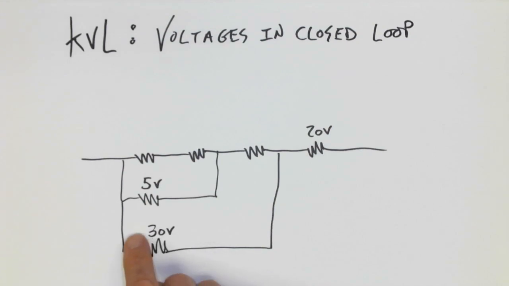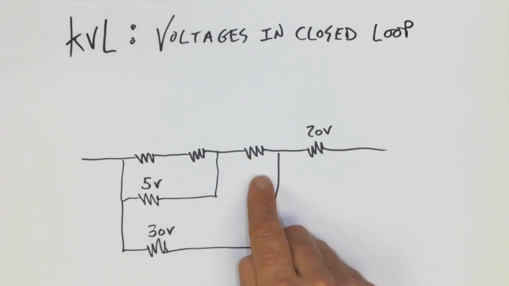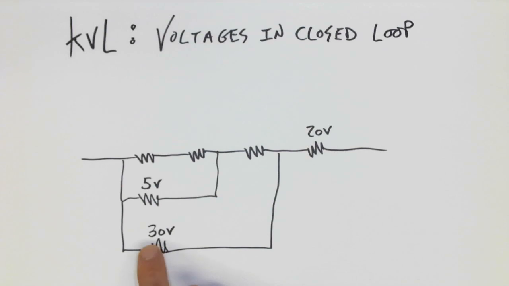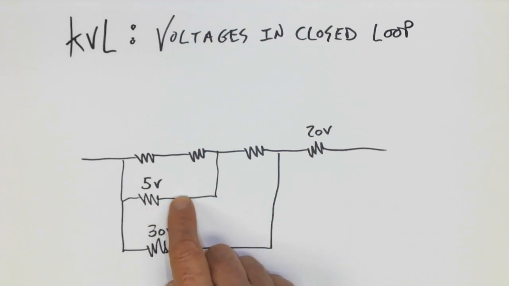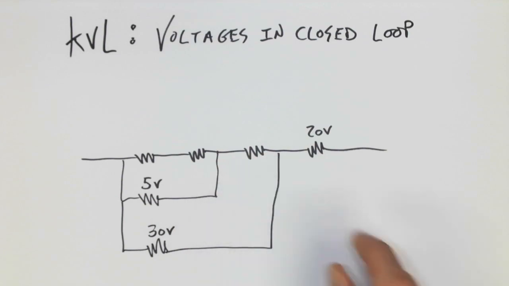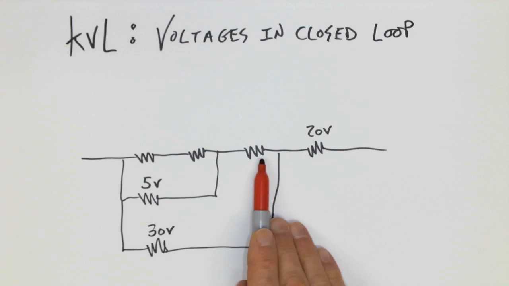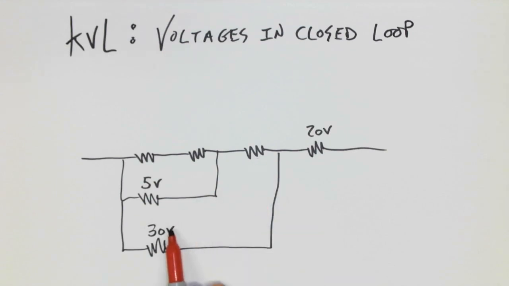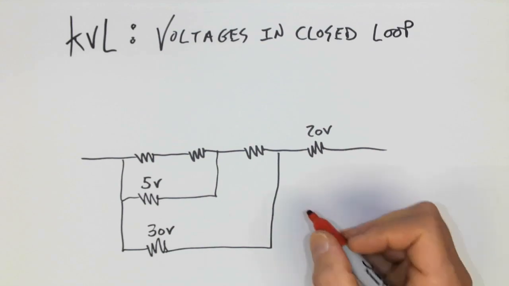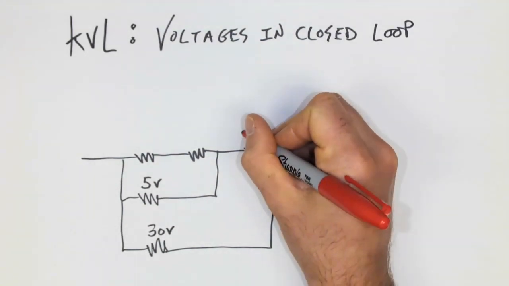Now we're drawing this conclusion based on the voltages inside a closed loop. This voltage should be equivalent to the voltage of the 5 volts plus whatever the mystery one is. So in order to work out the voltage of our mystery resistor, we would take 30 and subtract 5. 30 minus 5 gives me 25 volts.